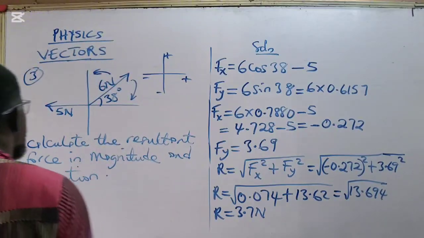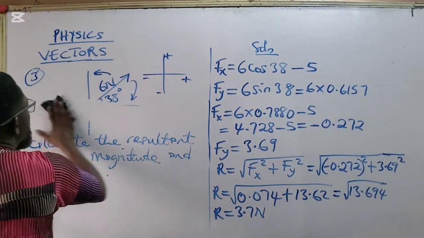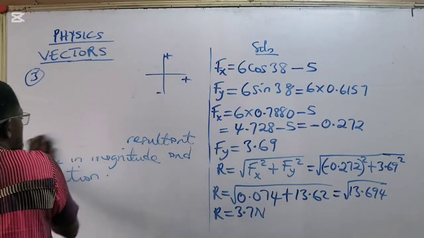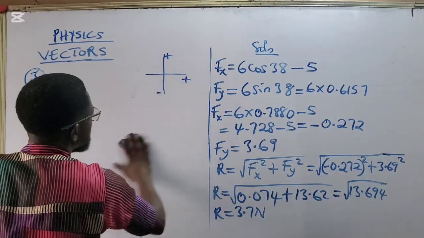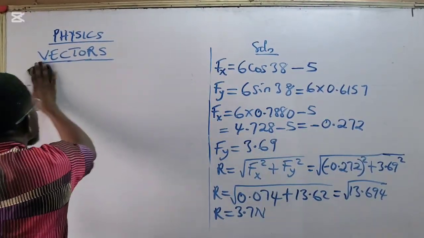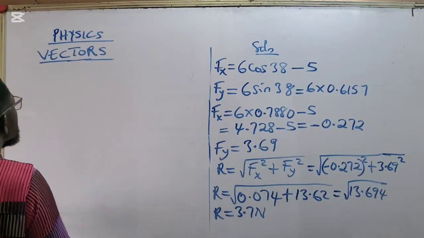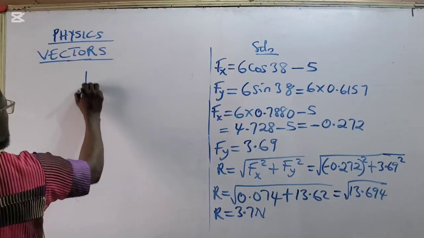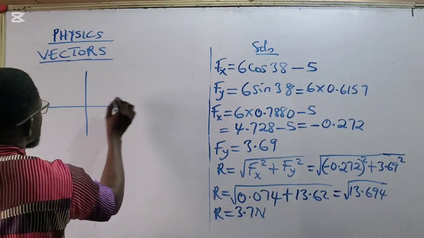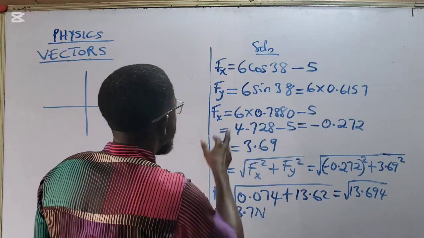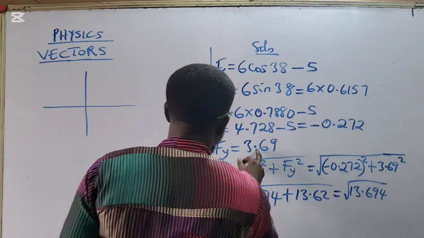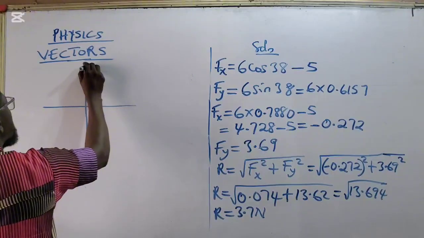Now we go back to the xy plane. Fy is positive, so I have Fy this way.